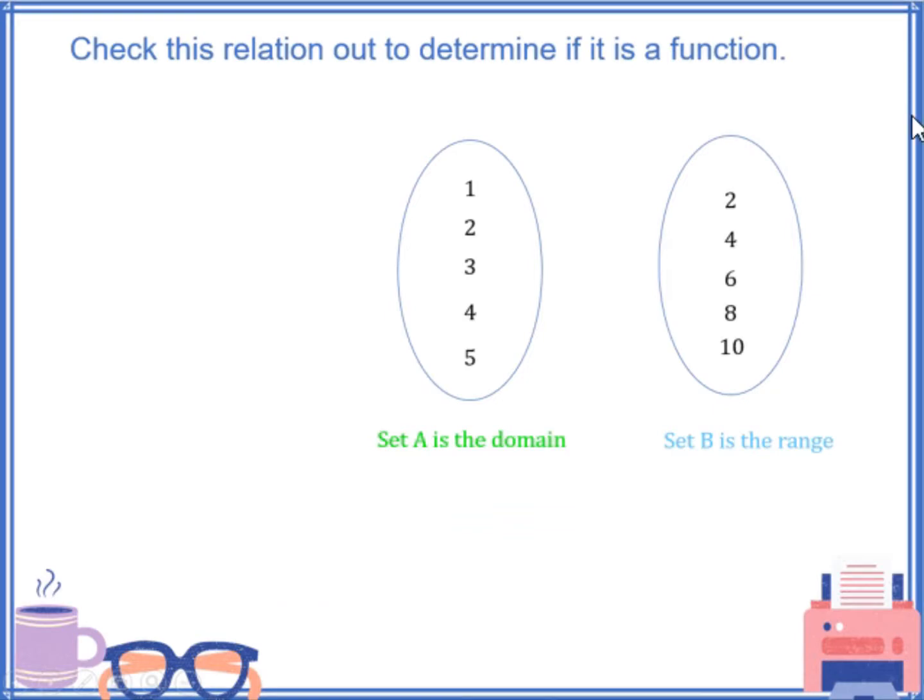Alamin naman natin kung ang halimbawang ito ay function o hindi. Ang set A natin ay meron tayo 1, 2, 3, 4, and 5. Sa set B naman, we have 2, 4, 6, 8, and 10. Ang domain na 1, ang partner niya ay 6. Ang 4 naman with 4. 2 with 2. 5 with 10. Lahat ba ng domain natin ay nagamit?